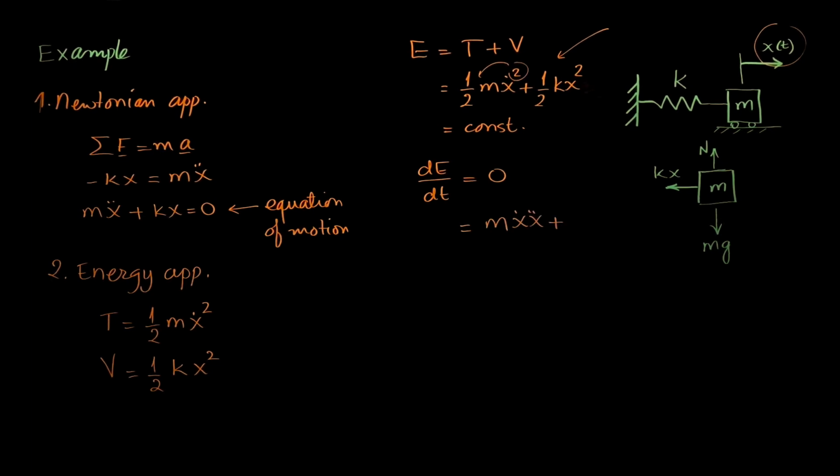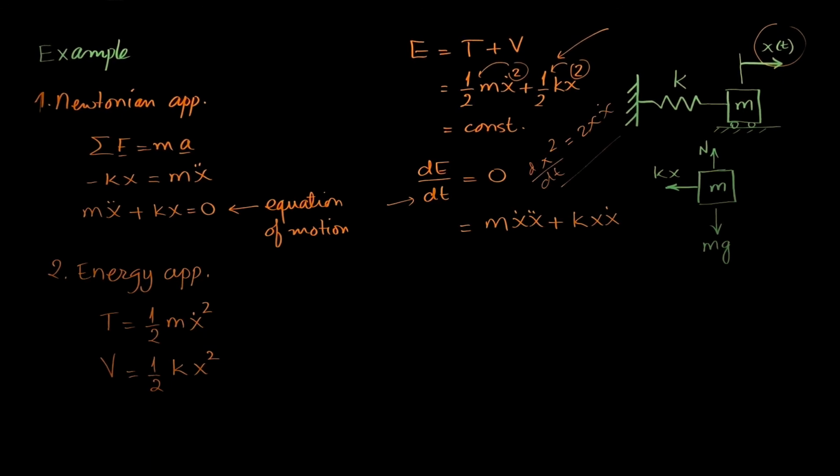Plus, the 2 cancels the half, so I end up with kx, and the derivative of x is x dot because we are differentiating with respect to time. So we use the chain rule. The derivative of x squared with respect to x is 2x, but with respect to time, using the chain rule, I would have to multiply by x dot when this is d/dt.